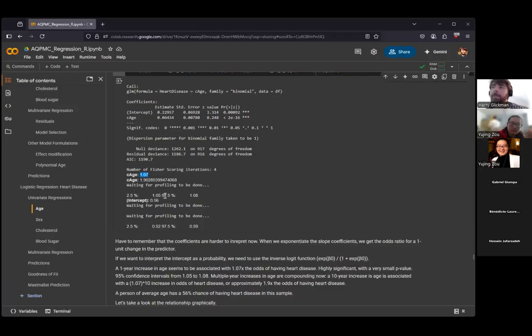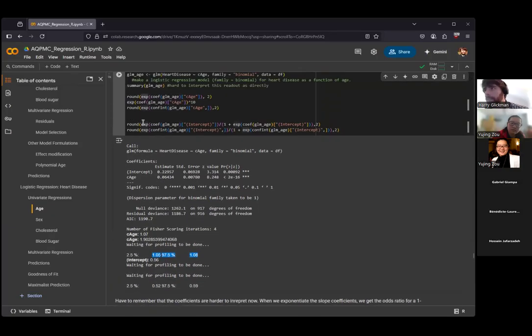And what this tells you is that for a 1 unit increase in age, we have 1.07 times the odds. So this is an odds ratio. We have 1.07 times the odds of having heart disease for a 1 unit increase in age. And you can exponentiate your confidence intervals and get your 95% confidence intervals.